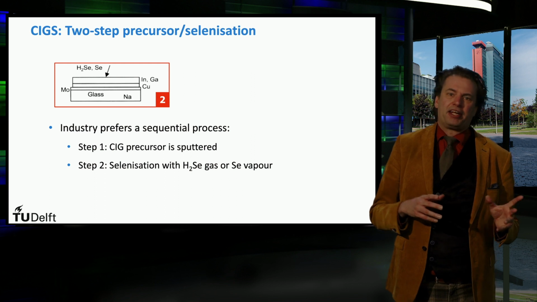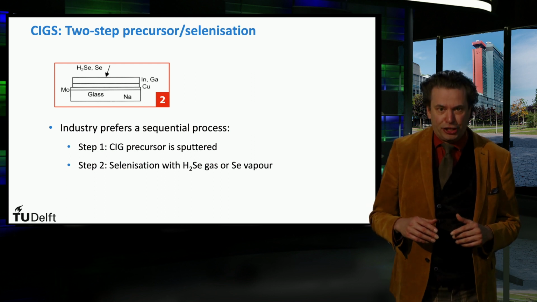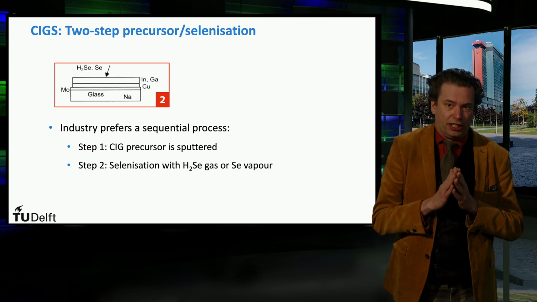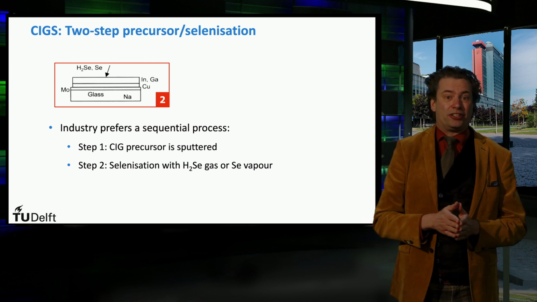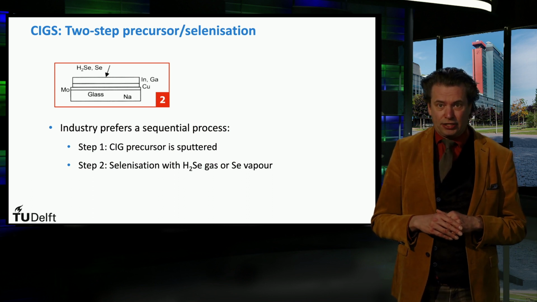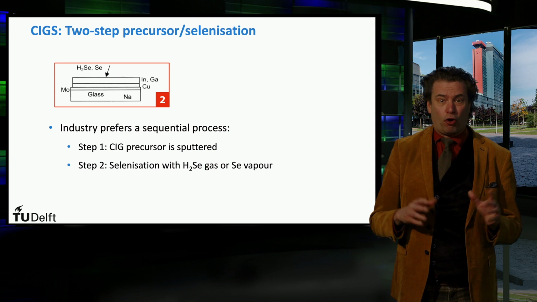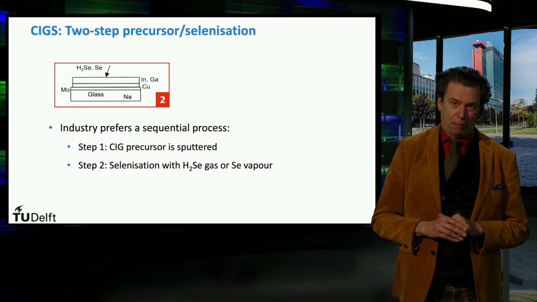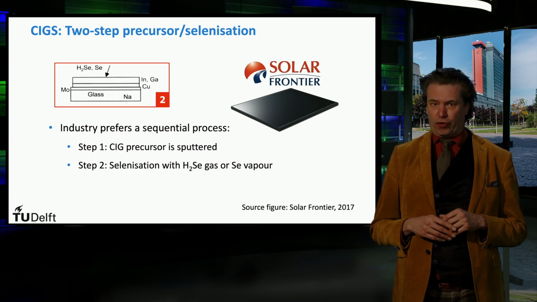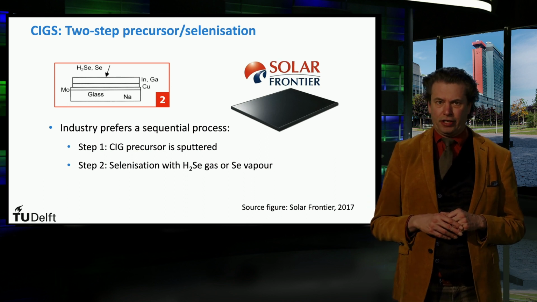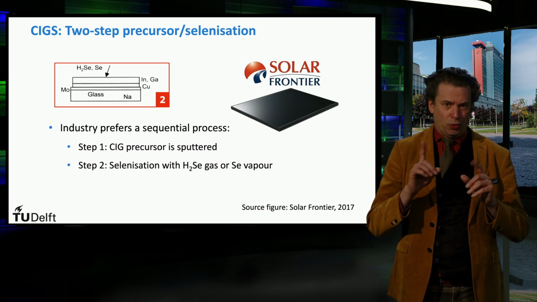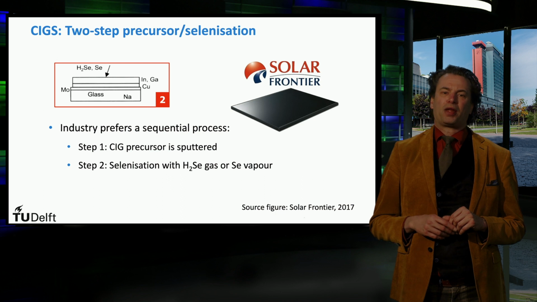Here, a copper indium gallium, or CIG, layer is deposited on the substrate as a first step, while the selenium atoms are included in a selenization process with hydrogen selenide gas, which is very toxic, or with selenium vapor. This method is adopted by the Japanese company Solar Frontier, a market leader in this field, and they have reached conversion efficiencies larger than 22% with this two-step process.